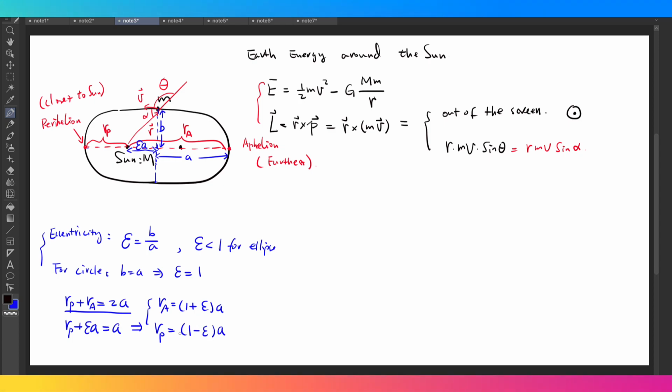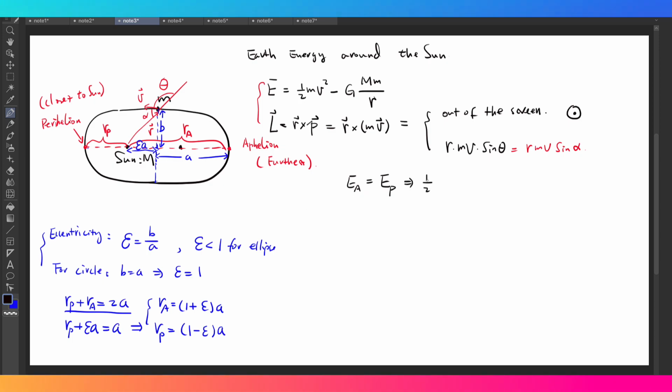Okay, so now with this information, we can try to write down the energy of the Earth at these two locations, and that should give us the energy conservation. So we can say EA equals EP, right? Now let's see what we get from this equation.